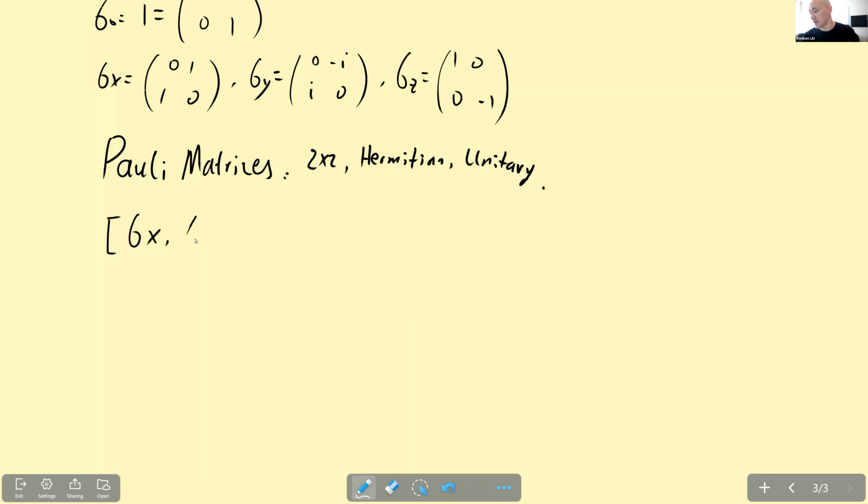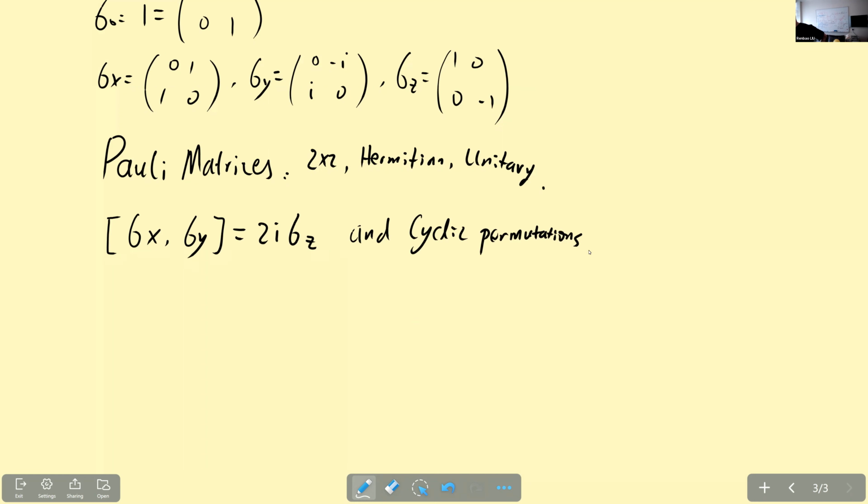That's the commutator of sigma x and sigma y equals 2i sigma z. So this one, and also the cyclic permutation. That's very similar to the angular momentum we had before.